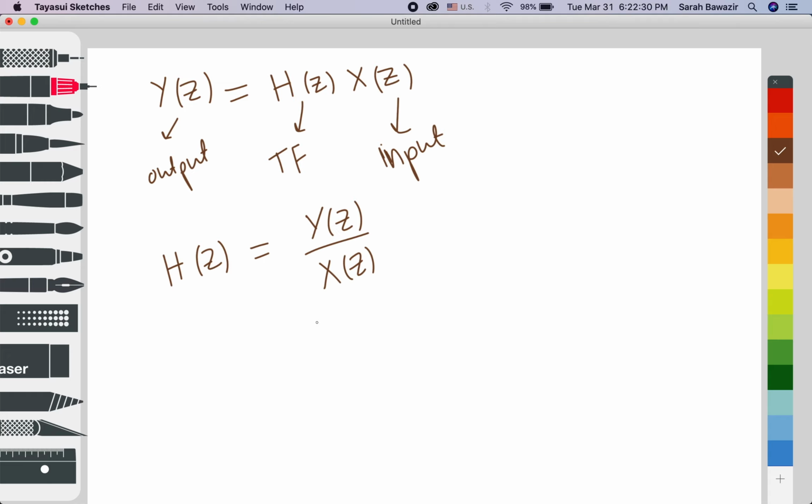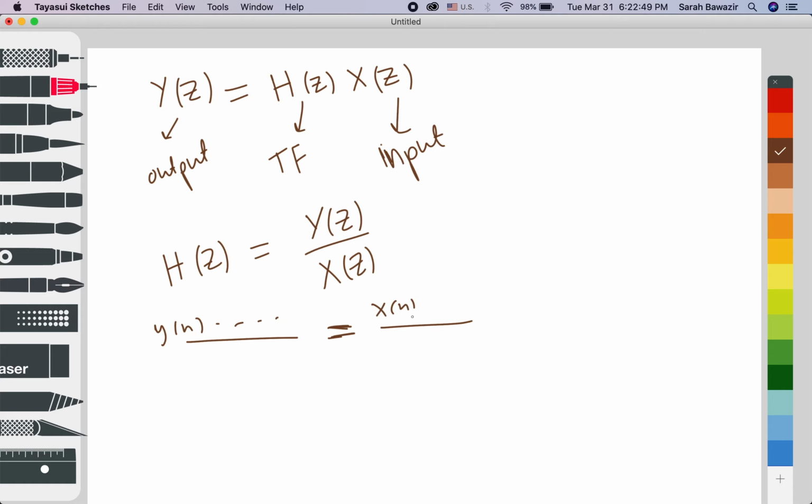So in the difference equation, we have terms of y equals terms of x, in the time domain.